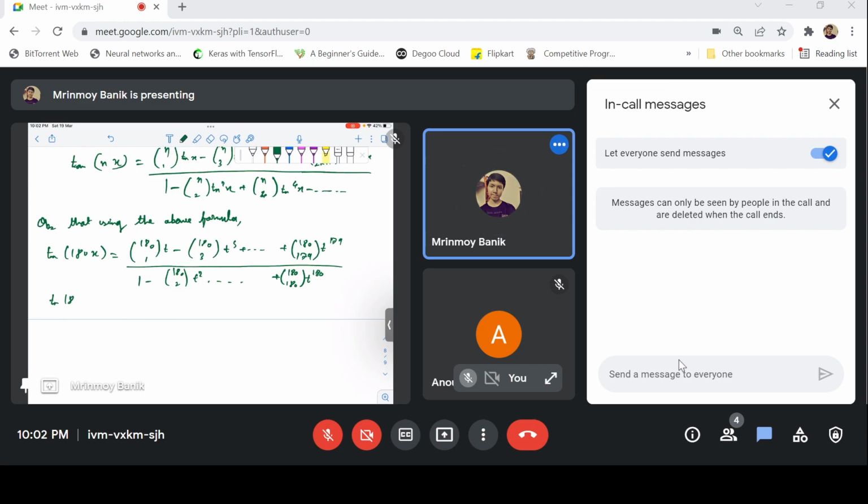So tan 180x is 0, if x is an integer, I mean. So that forces the numerator to be 0.